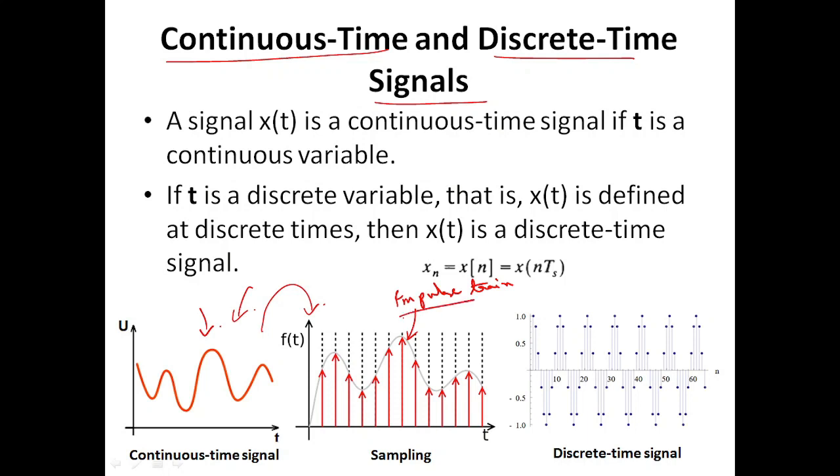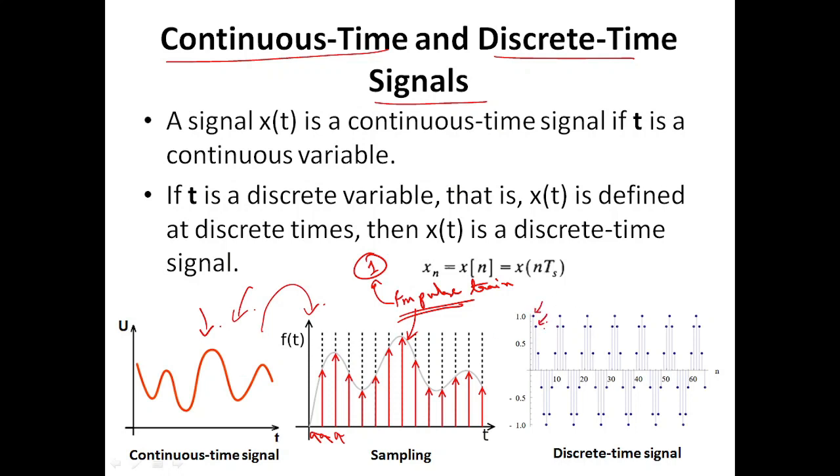As the name suggests, an impulse has an amplitude of 1 at discrete points of time. At time equal to 0, it will have an impulse. At t equals 1, it will have an impulse. At t equals 2, it will have an impulse. When you multiply these impulses with the continuous time signal, you get some discrete points like this.